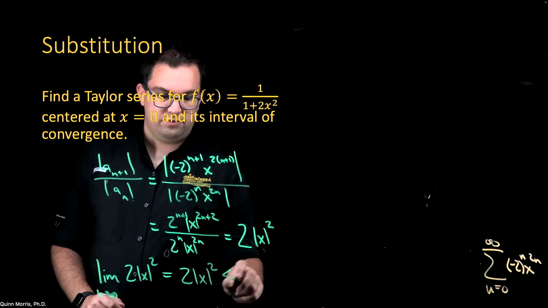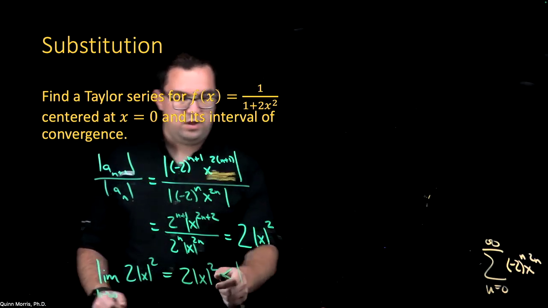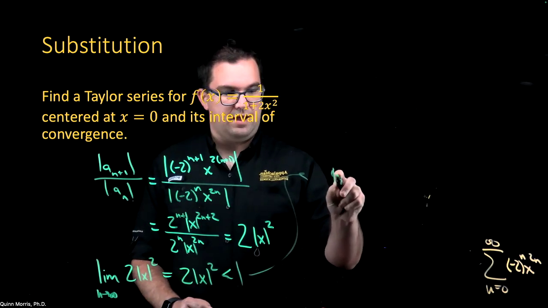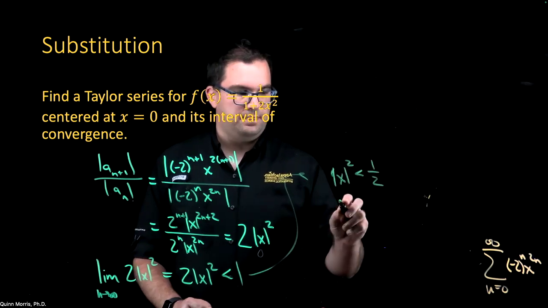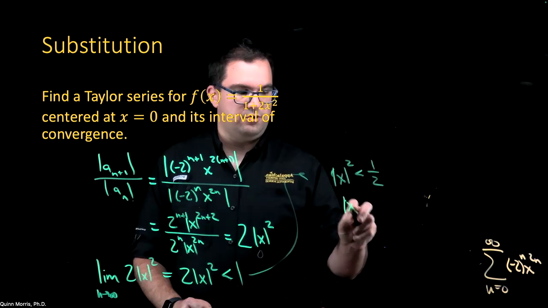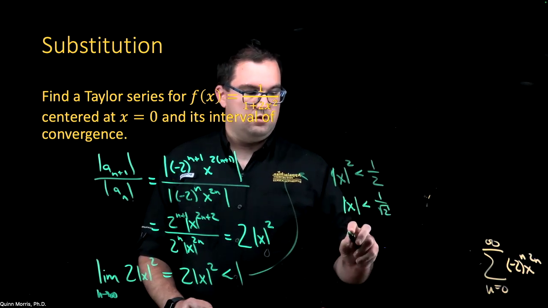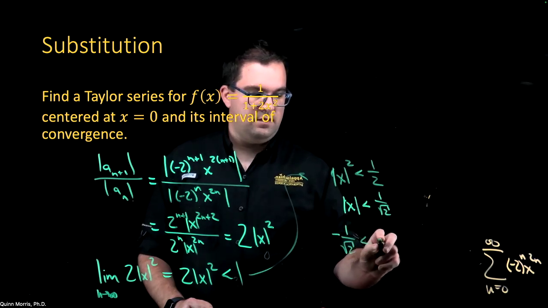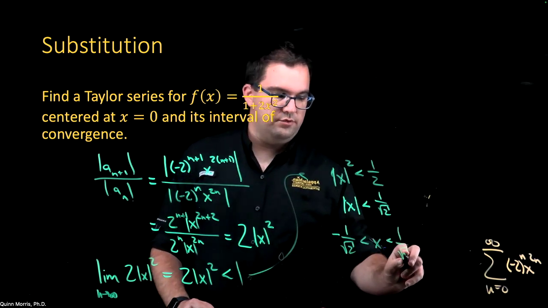And I know by the ratio test, I'll get convergence when this is less than 1. So when is this less than 1? Well, this is less than 1 when the absolute value of x squared is less than 1/2, which is when the absolute value of x is less than 1 over square root of 2, which is when x is between negative 1 over square root of 2 and 1 over square root of 2.